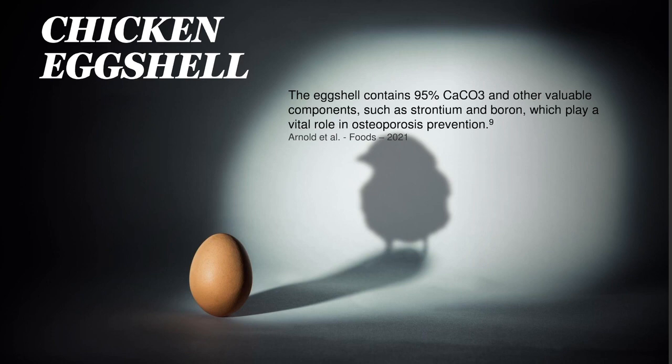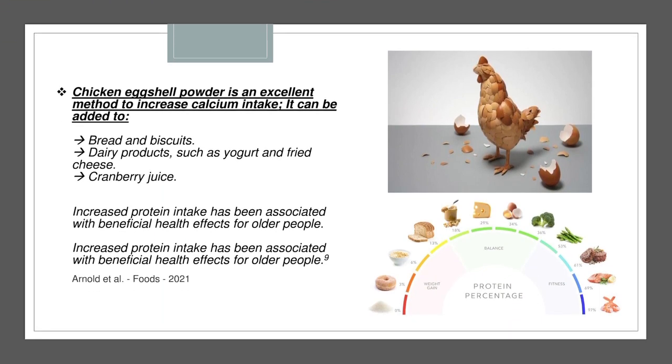The application of chicken eggshell as a source of calcium in various food products has a significant benefit in terms of nutritional values, depending on the type and pH of the food product. It can be added to bread, biscuits, dairy products such as yogurt, fried cheese, or cranberry juice.